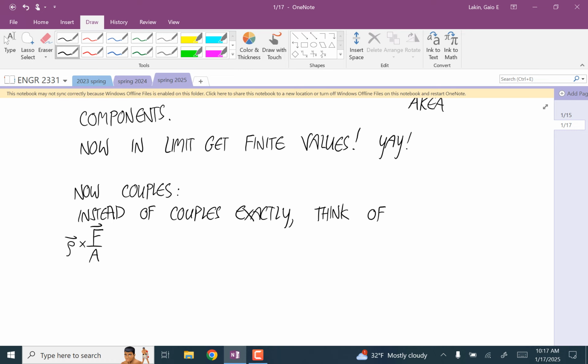Well, the force per area, I said, limit is finite. But notice that row vector is going to 0. So this thing still goes to 0. Okay?